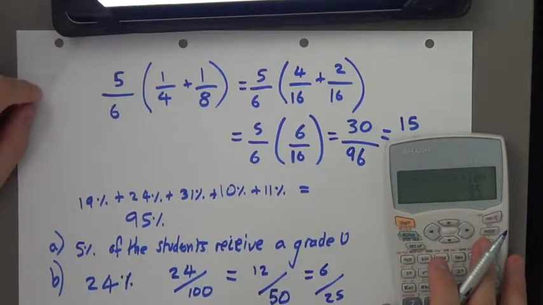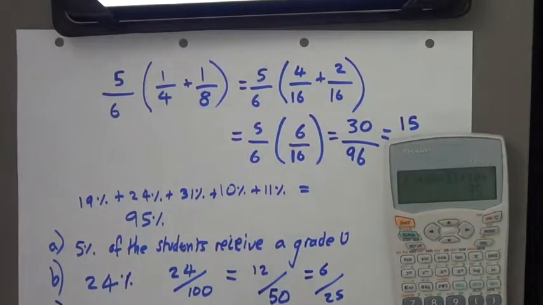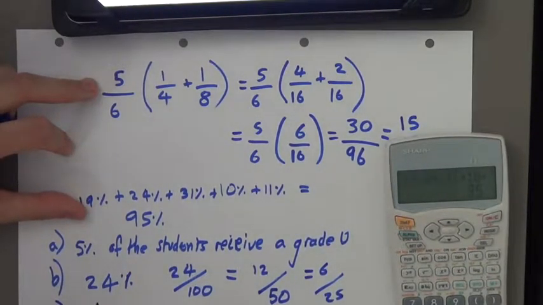Next bit. C. How many students received grade A? So grade A, 19% got a grade A, and there's 93,800 students altogether. So I need to convert 19% first of all into a decimal, which is going to be 0.19.